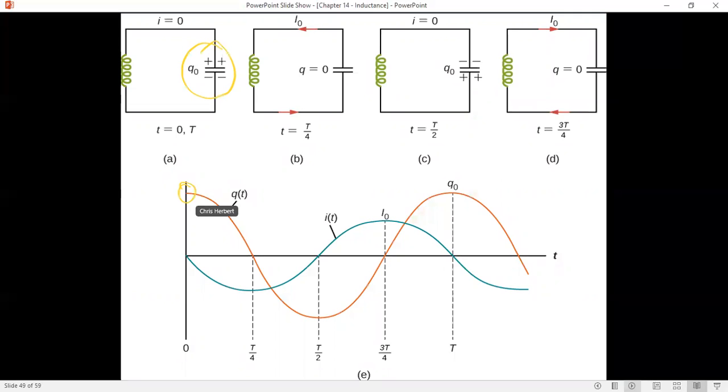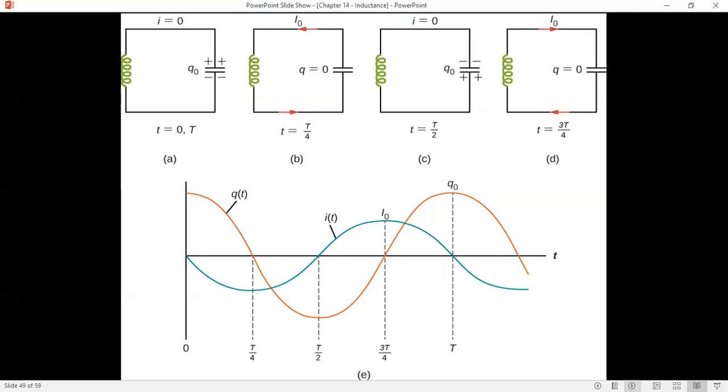So Q is going to be a maximum, but there's going to be no current. The current starts flowing as the capacitor empties its charge, and current will be maximum when the charge goes to 0. Then the current is going to drop to 0 as all the charge is built up on one plate. And then finally, we go back to our maximum current and zero charge.